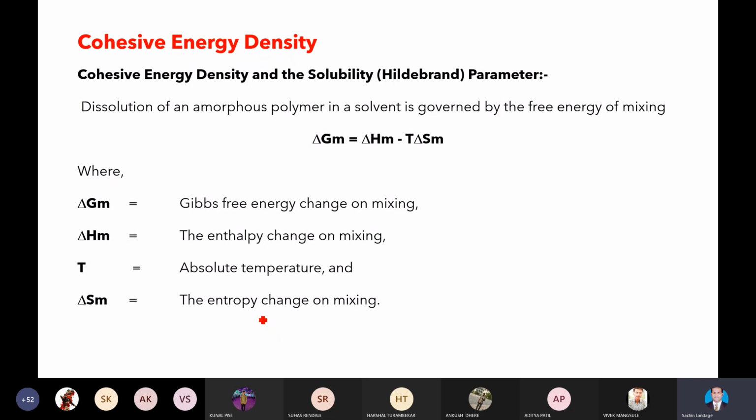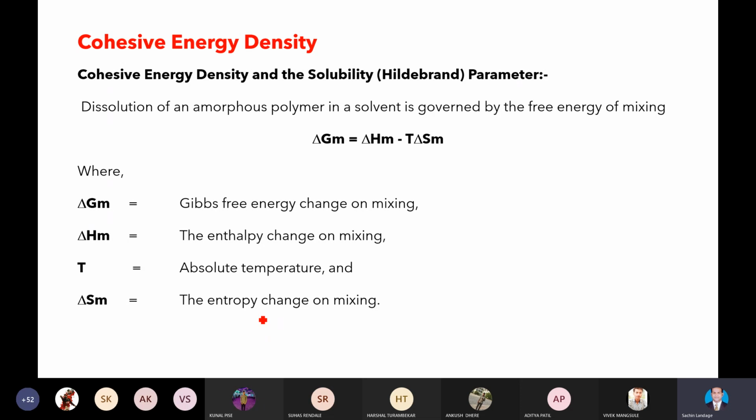Now, I think you have studied this equation. If this value, delta H, is positive, what does it indicate? It is an endothermic reaction.